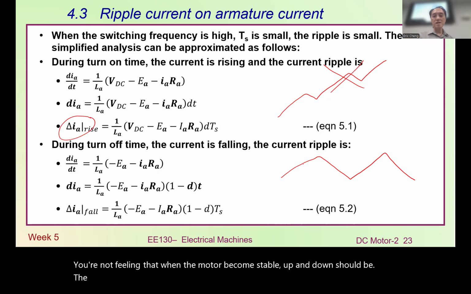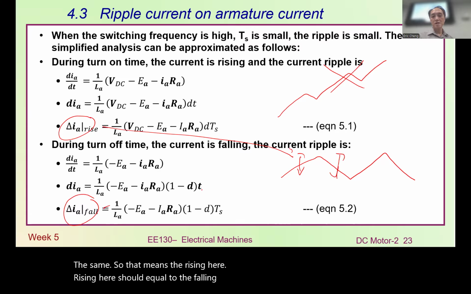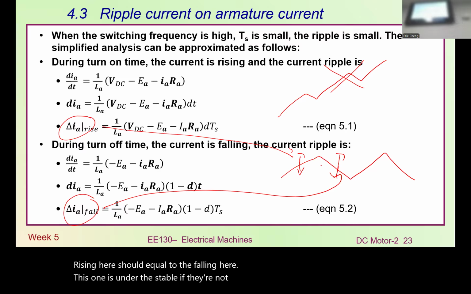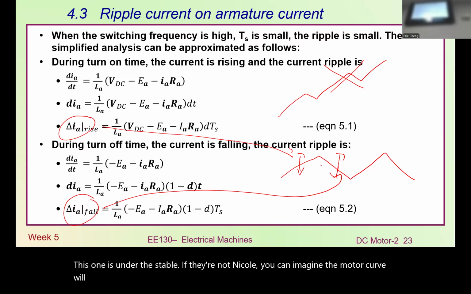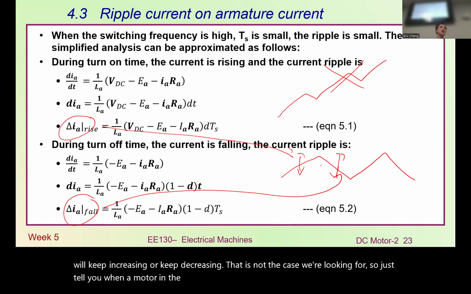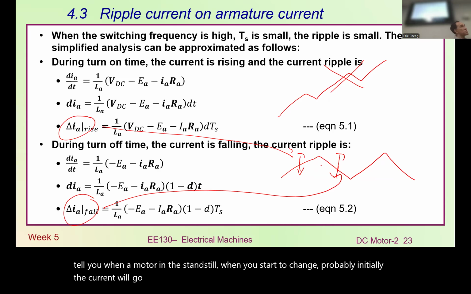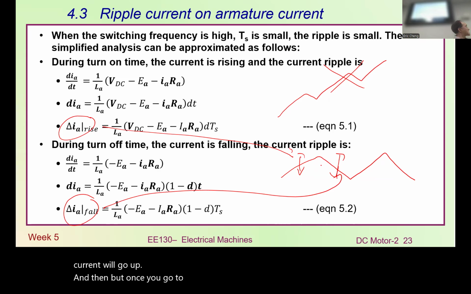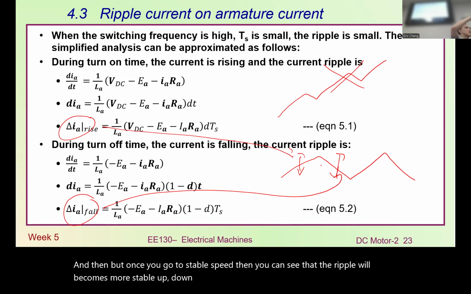That means the rising here should equal the falling here. That's what I mean, under stable conditions. If they're not equal, you can imagine the motor current will keep increasing or keep decreasing. That is not the case we're looking for. When a motor is at standstill and you start to change, probably initially the current will go up, but once you reach stable speed, the ripple will become stable, up and down will become stable.